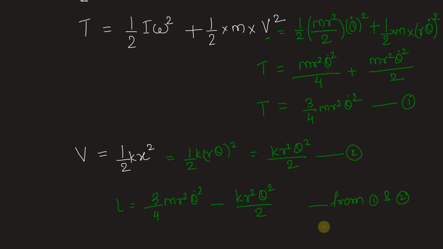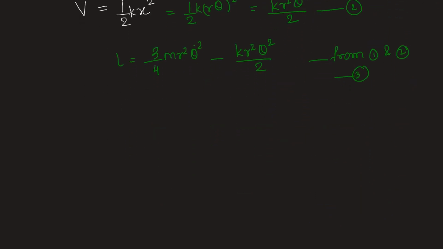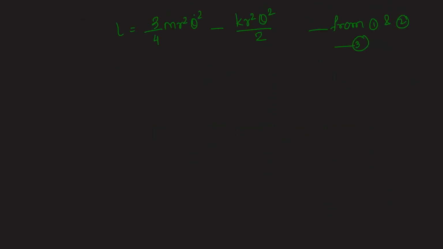Let this be 3. Now using 3, we can form the equation of motion on the basis of Lagrange's equation. So we have d by dt of the derivative of the Lagrangian with respect to velocity theta dot. So only the first term will come into the picture. Its differentiation is 2 into 3 m r square theta dot by 4.